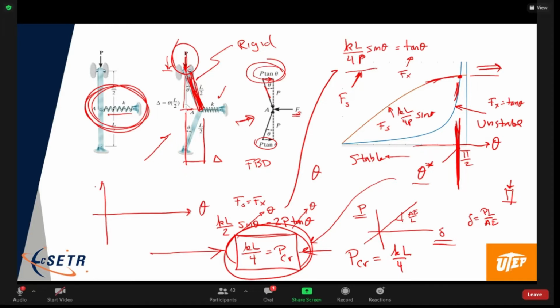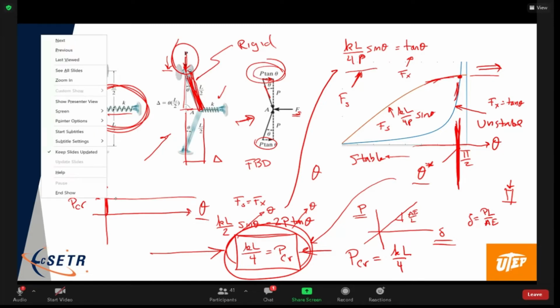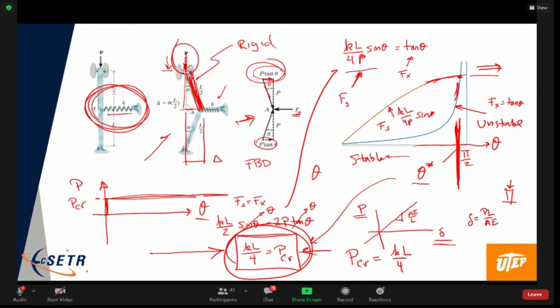And this is the force P. What would happen is, as we increase the load, there is no deflection angle theta until we hit the critical value, the KL on 4, and then the deflection becomes infinite. Okay, so this curve would just plot out like that.